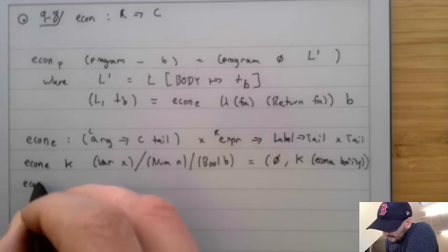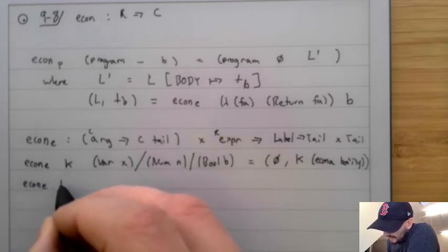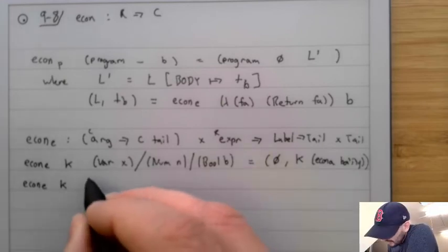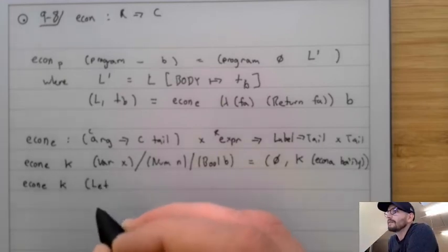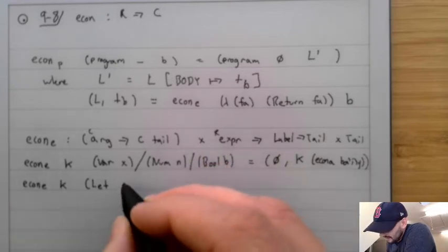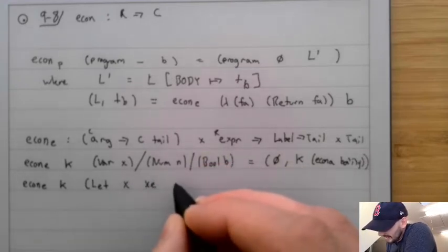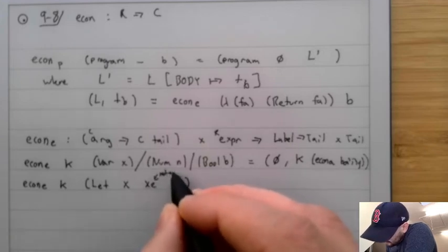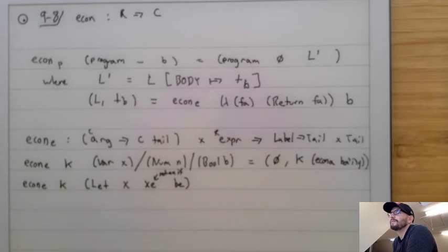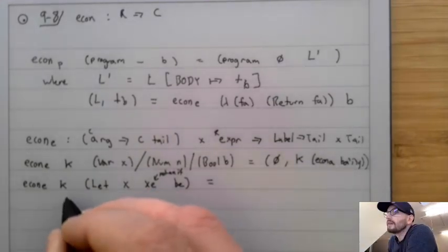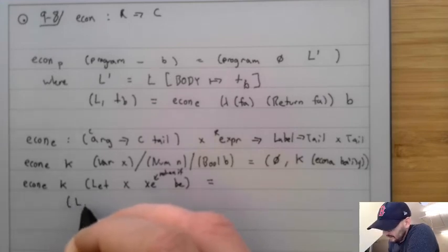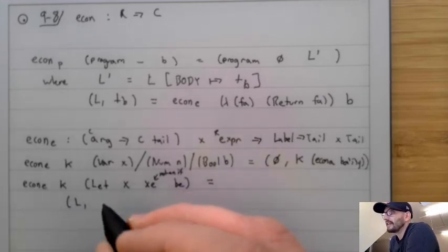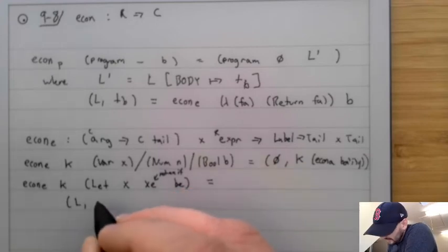Now a case that's going to be familiar. So we call econ E and we give it a continuation. And what if we got a let of an X, an XE, and a BE, where XE is not an if statement? In that case, we're going to return L, where the tail, the thing that gets returned, is a sequence.